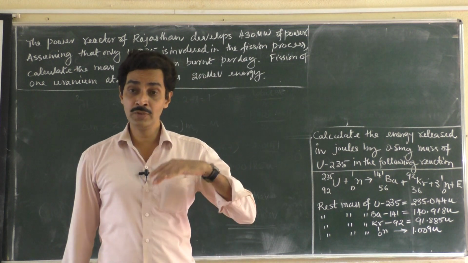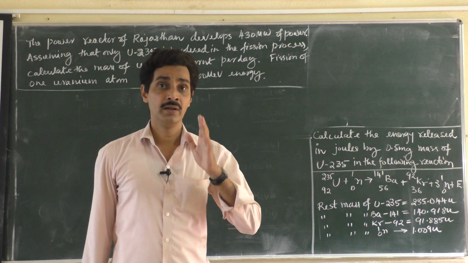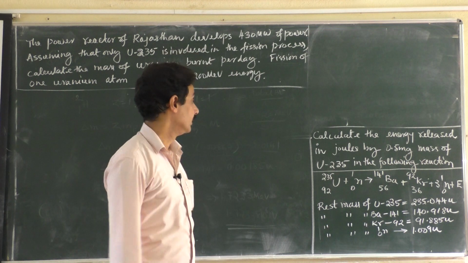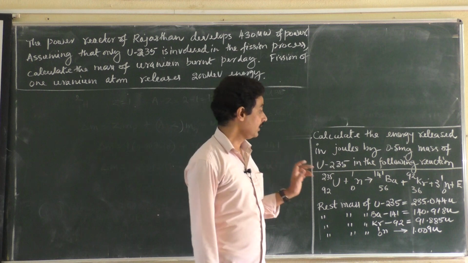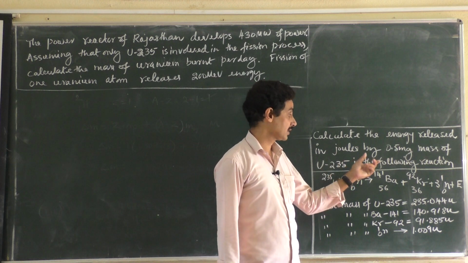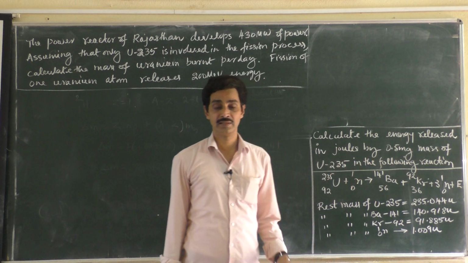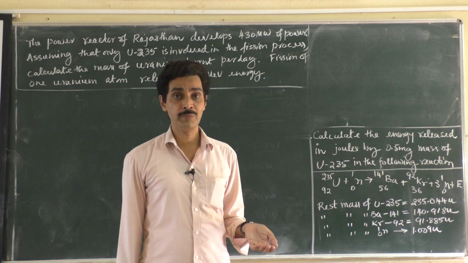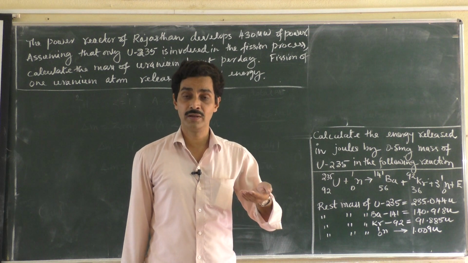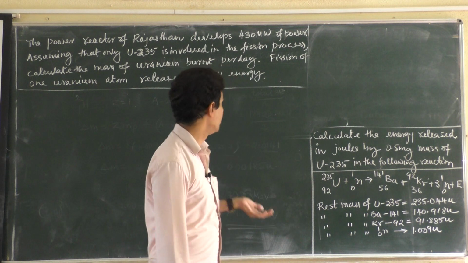How many such nuclei will be present in 0.5 milligram of uranium? That you have to calculate later, because if you want to calculate the total number of uranium nuclei present in 0.5 milligram, you should go for the Avogadro number, because Avogadro number of molecules make a mass of A, right?